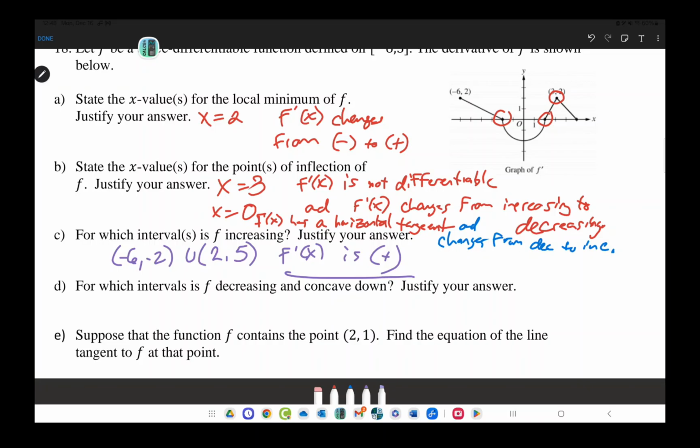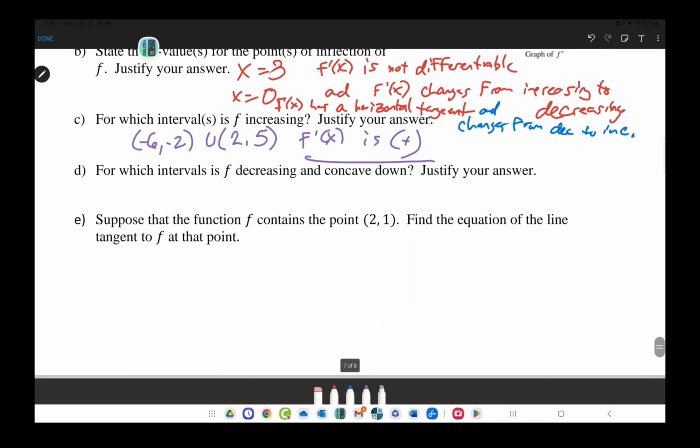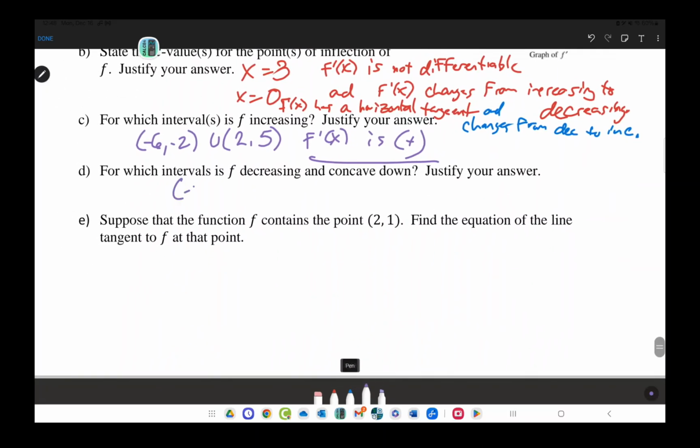Negative 2 to 0. So it is decreasing and concave down from -2 to 0, because f prime of x is negative and decreasing. That is your justification.